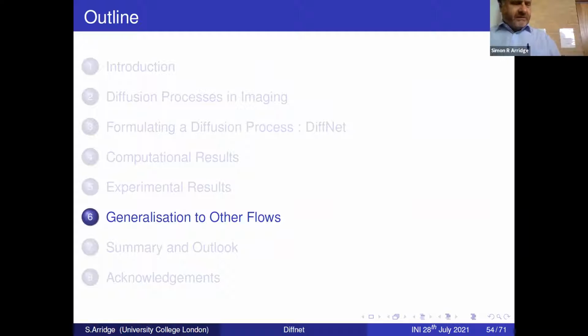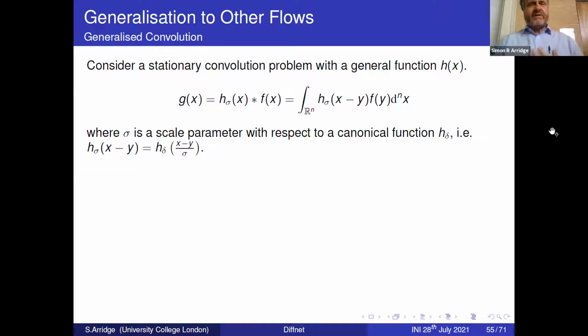Now, I want to move on to some generalizations of this to other PDEs, specifically other image flows. So going back to this stationary convolution problem again, we already wrote this.